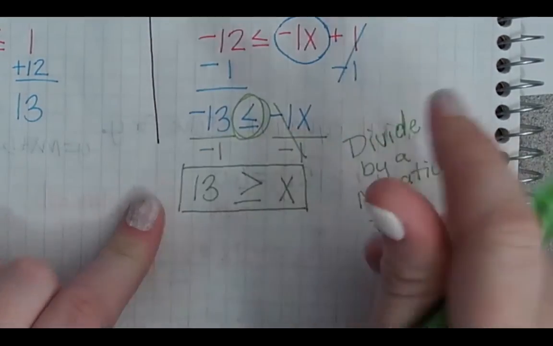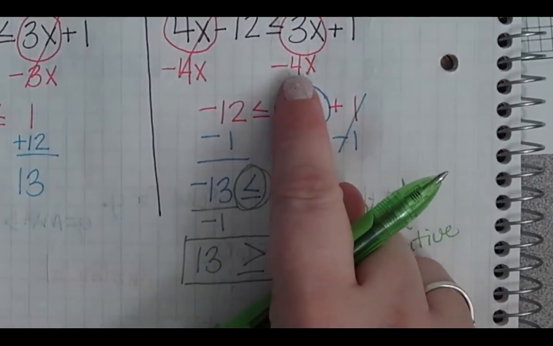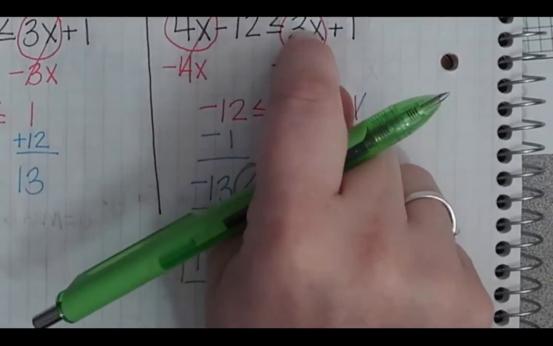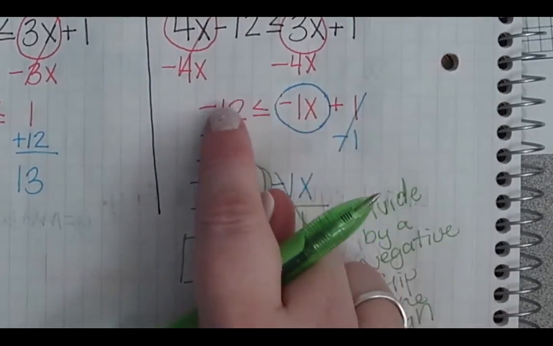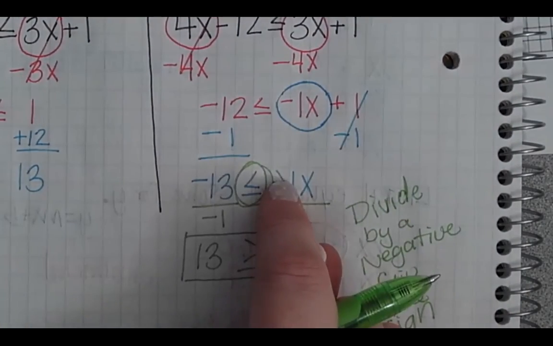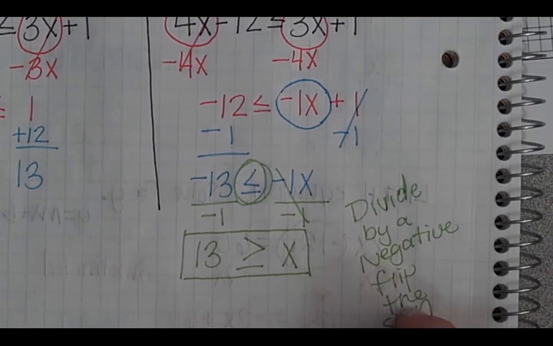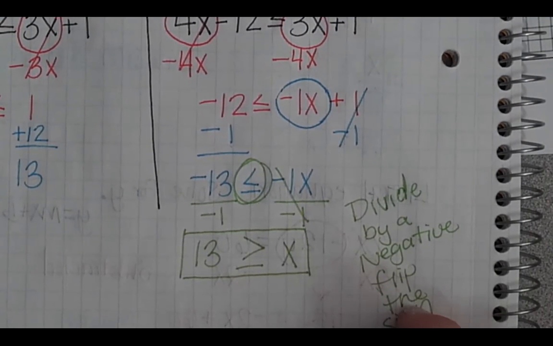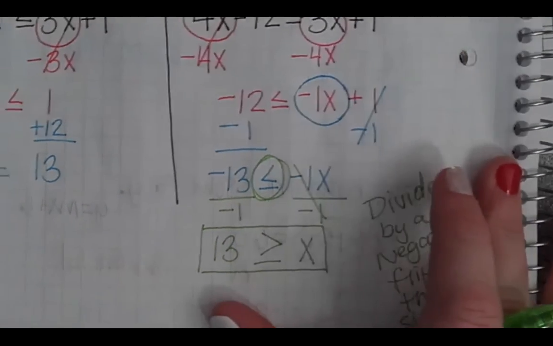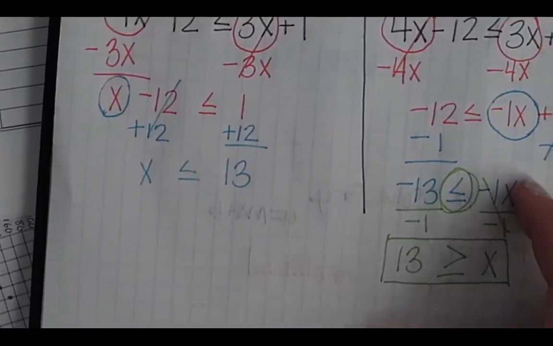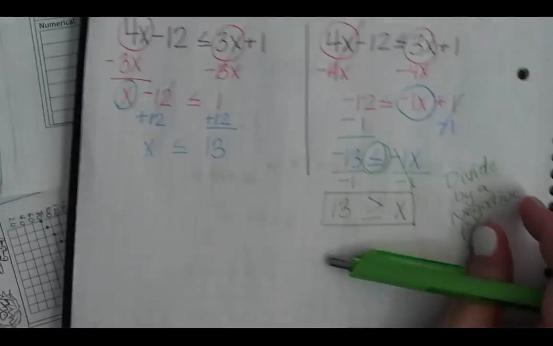So that's why I always, in this first step, I like to move the smaller number. Notice how many negatives we had to deal with throughout the whole problem, and you also had to remember to flip the sign. So that's why I typically try to move the smaller one. It should give you the same answer either way.